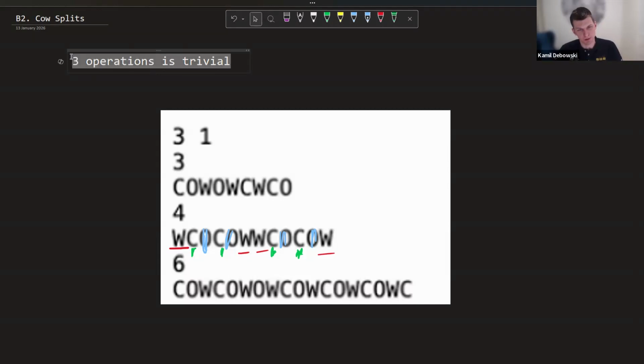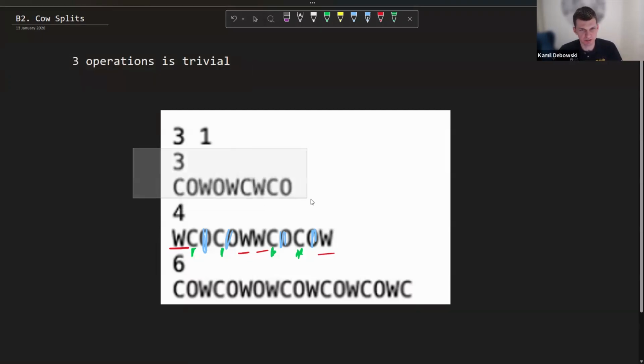This is sometimes impossible. Even in the samples you will see that the answer might be -1. It's clear once you analyze, for example, this: you cannot erase 3 occurrences of W because it's not a square string. A square string needs to be a string repeated twice, so its length needs to be even, divisible by 2.